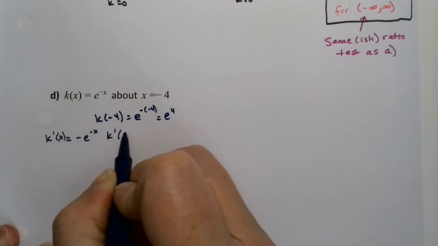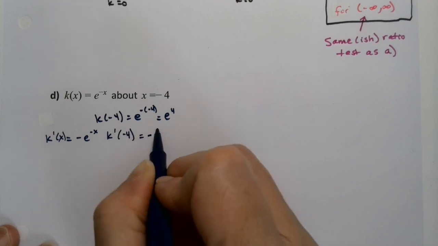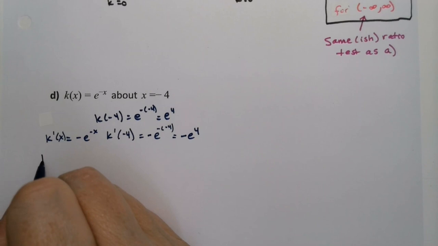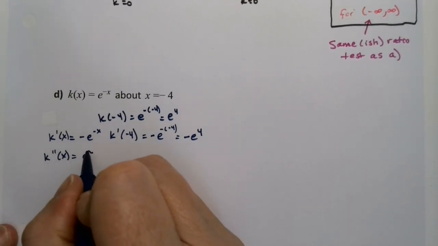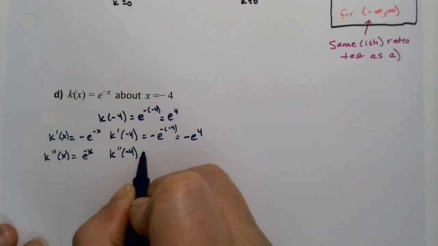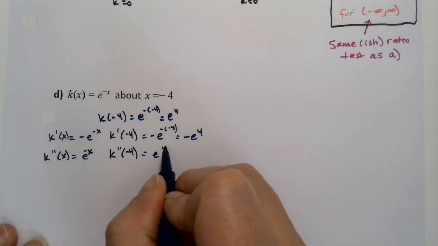K prime of negative 4 would be negative e to the negative negative 4, which is negative e to the 4. And then k double prime, the second derivative, would be e to the negative x again. And so the second derivative at negative 4 would be positive e to the 4 again, right?